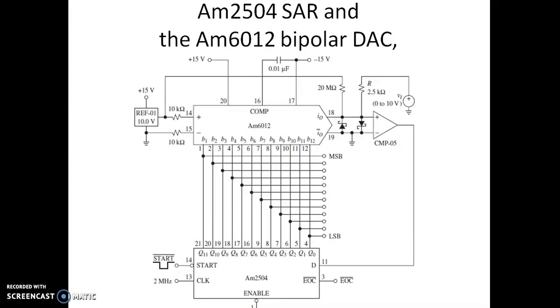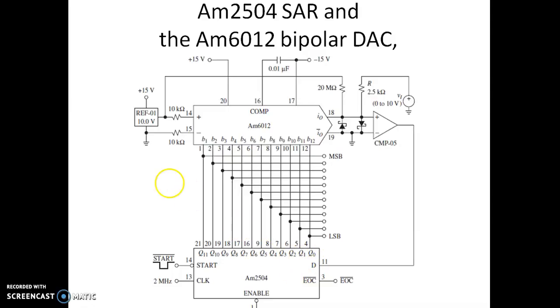Now this is a typical SAR based successive approximation ADC, where the AM2504 is the successive approximation register, and this is a bipolar DAC. This voltage is fed to the comparator, where the comparator gives a signal to the SAR register.